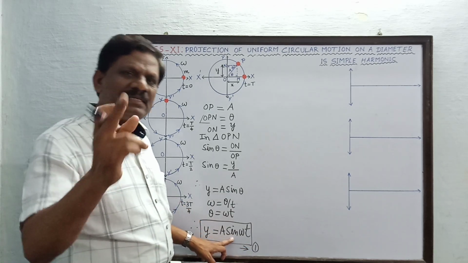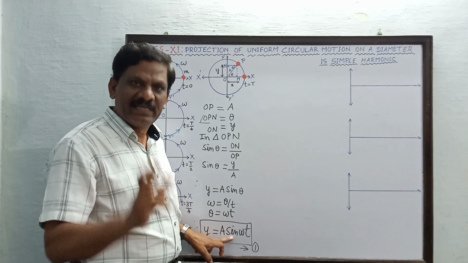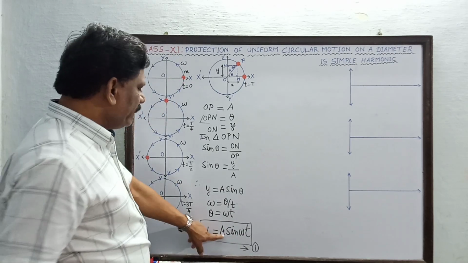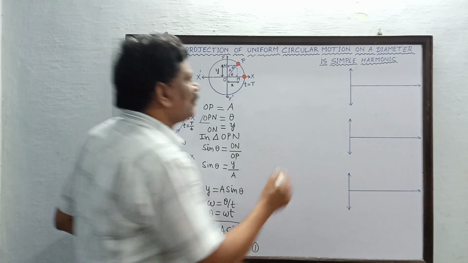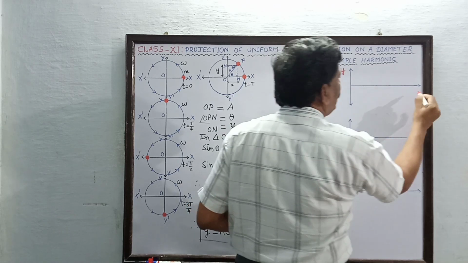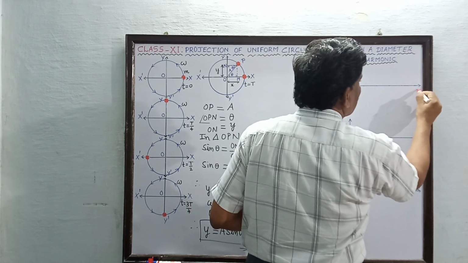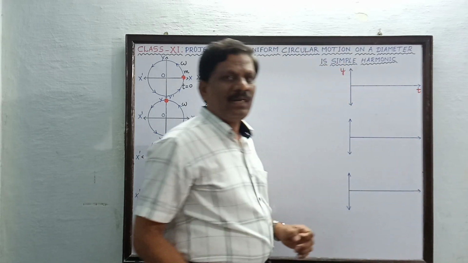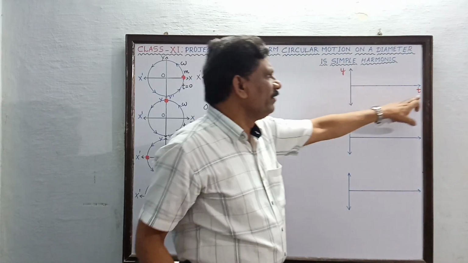If I represent equation 1 graphically, y equal to A sin omega t, I will take the y-axis as displacement and the x-axis as the time. I am going to plot a graph between y versus t.